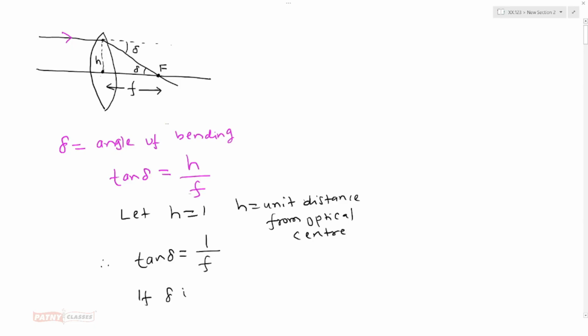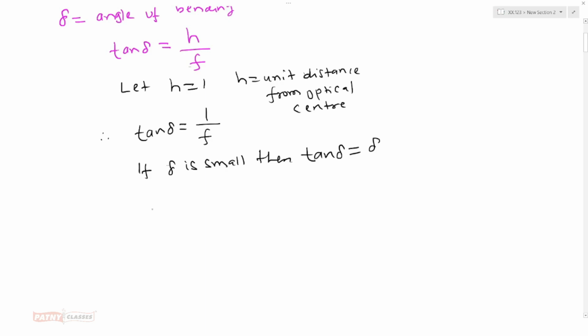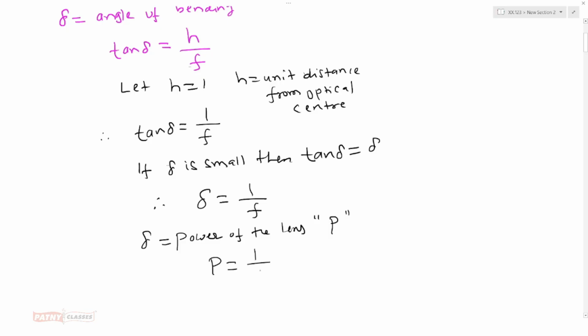If delta is small, then tan delta is equal to delta. Therefore delta equals 1 upon f. This value of 1 upon f is called the power of the lens, and it is commonly denoted by the letter P. Therefore the power of lens P equals 1 upon f.